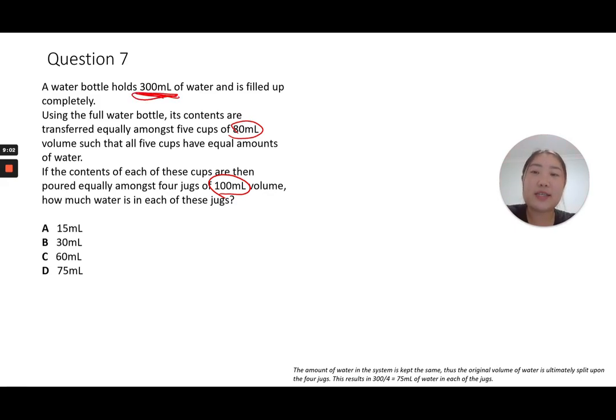So even if we split it evenly among 1 liter, 2 liter, 4 gigaliter containers, it's still going to be the same amount, okay? Because we have to split the 300 mils into 5 equal portions. So when we do that, we divide it by 5 and we realize we get 60 mils per cup.